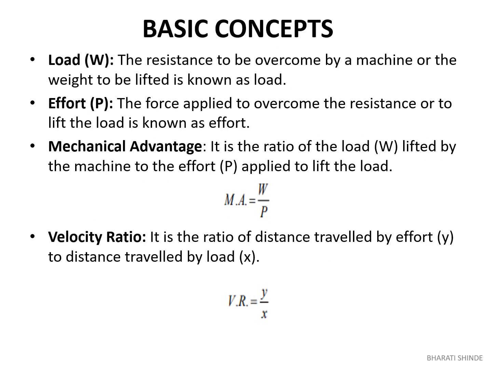First of all, we will see basic concepts, that is first load, and it is denoted by W. The resistance to be overcome by a machine or the weight to be lifted is known as load. Load is nothing but the resistance to be overcome by a machine or weight to be lifted.